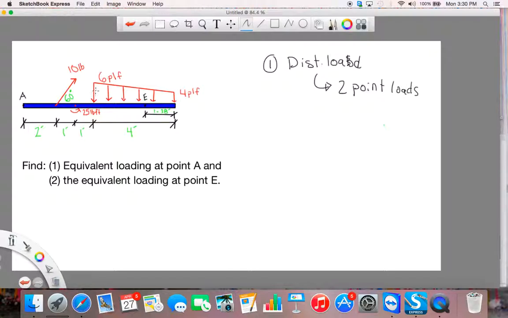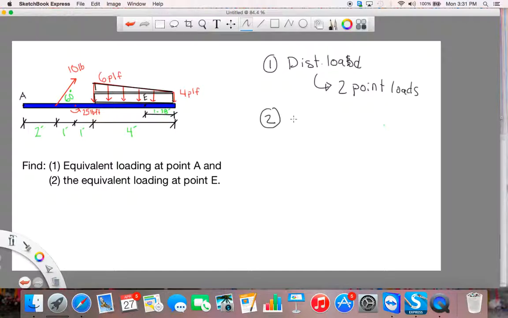So you can see that we have this triangular load and a rectangular load. And we know the area and the centroid of these two shapes, so we can split this one distributed load up into two smaller distributed loads, a triangular load and a rectangular load. And then we know where to locate the equivalent force for these two distributed loads, and we know what the magnitude is.